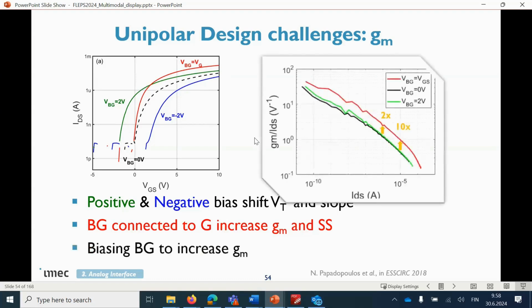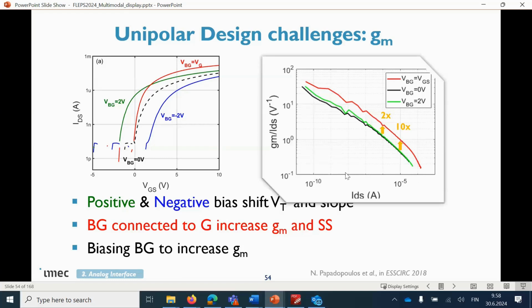And if you actually make the calculation of the GM, you will see what is a bit obvious here, but you will see with numbers that you can go up to 10 times larger GM, which will improve the gain of your amplifier. The minimum can be somewhere around 2 times. It depends on the current that you bias.